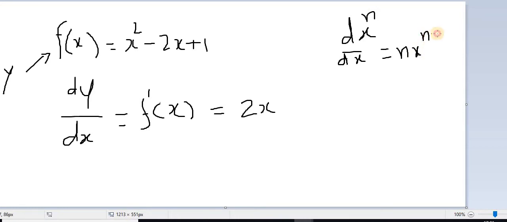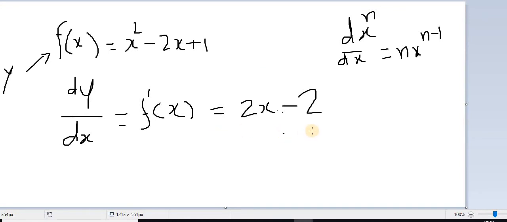So f dash x, x square becomes 2x raised to 2 minus 1 by this formula. Then minus, again the derivative of x is 1, so 2x minus 2. The derivative of a constant is 0.